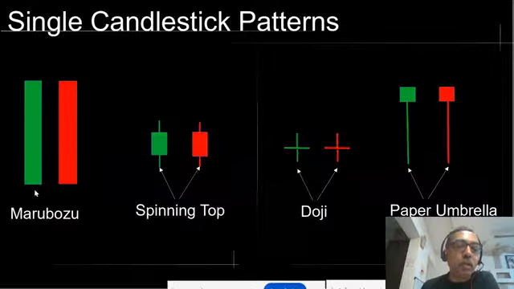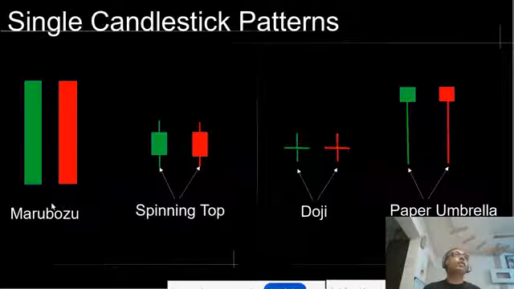If it is a 5 minute candle, for this whole 5 minutes they kept on buying, and they did not allow the price to fall, and eventually closed at the top, right? This candle is perhaps the strongest candle in terms of identifying how the market is behaving.